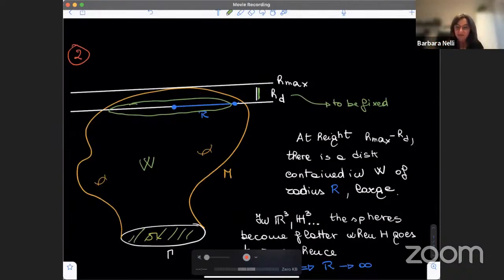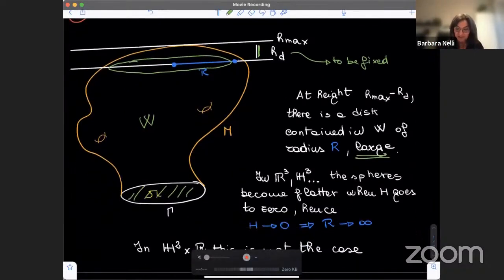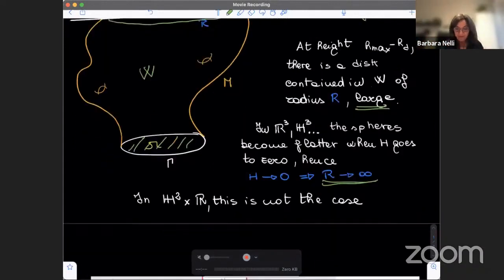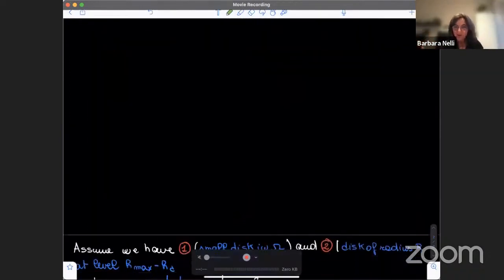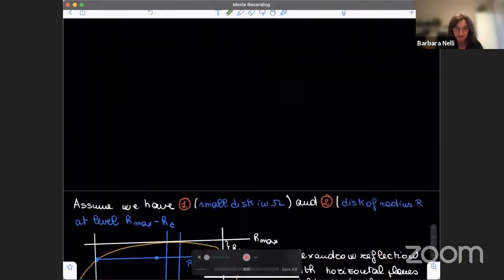With radius r this large, in fact, here it is not really large. In R3 and H3, large meant that r was going to infinity, becoming flatter and flatter, when h was going to 0. But here it is different, as we said before. We cannot say that it is going to be flat. But then we get an r.